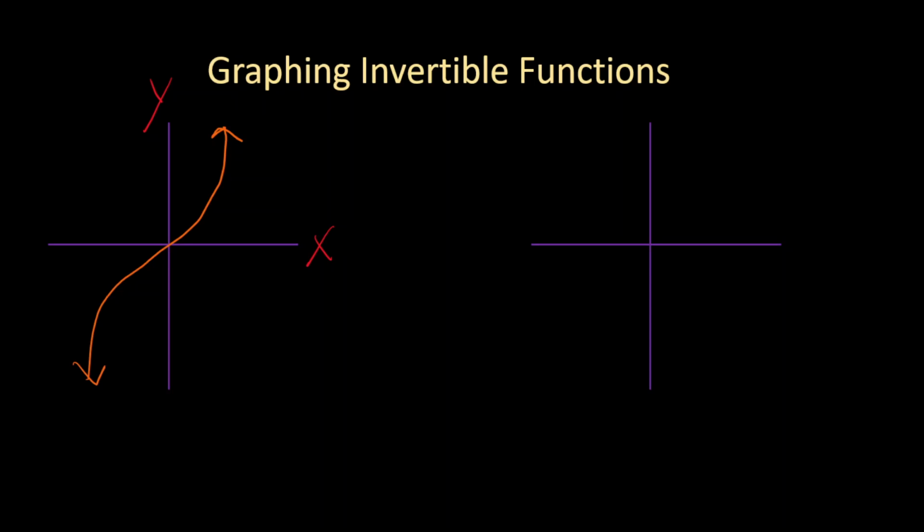It's kind of like a reflection. I think the more straightforward version of imagining that is that we're reflecting through the line y equals x. And so now, to graph the cubic root of x cubed, it's like this function reflected on this line. So it looks something like this.